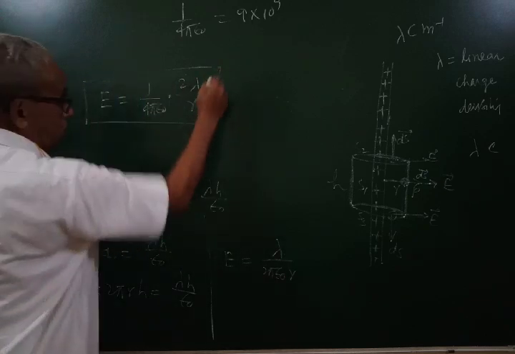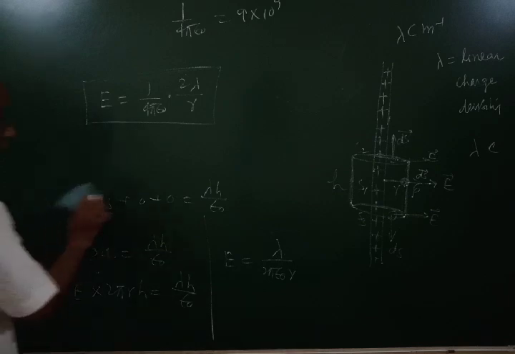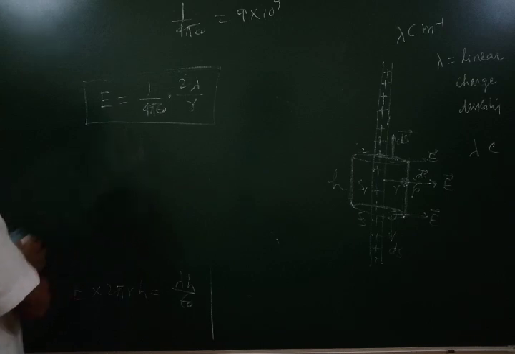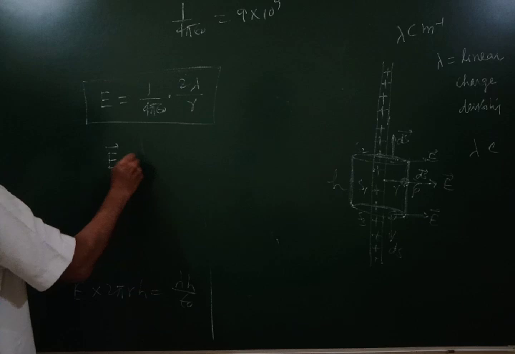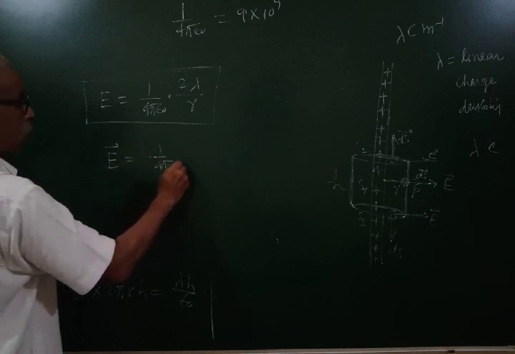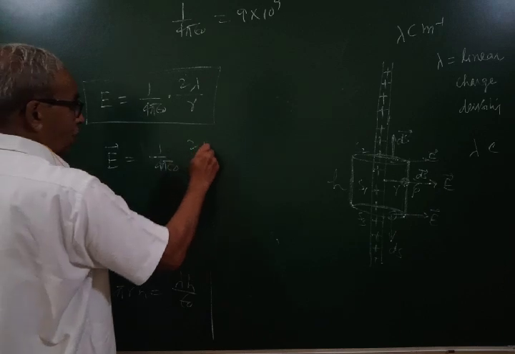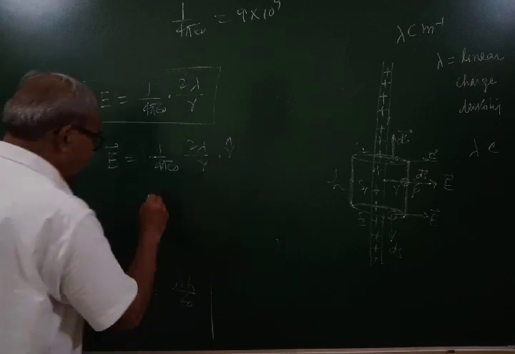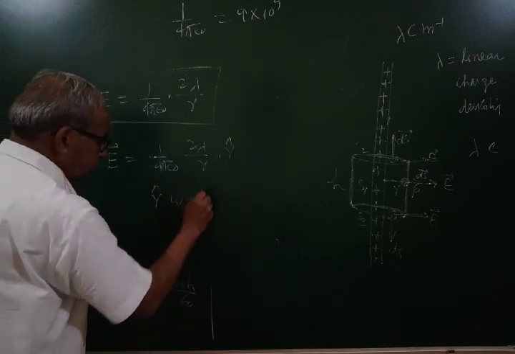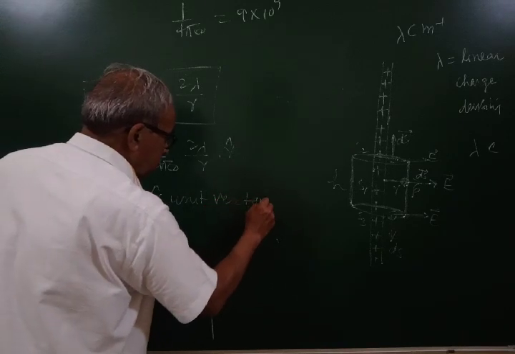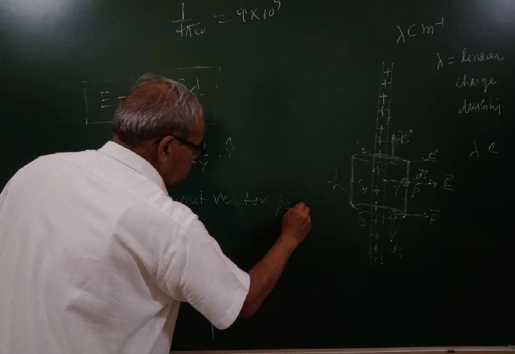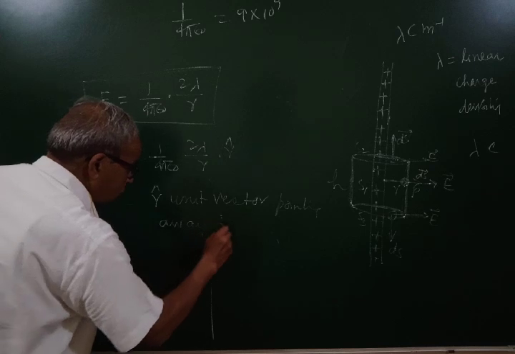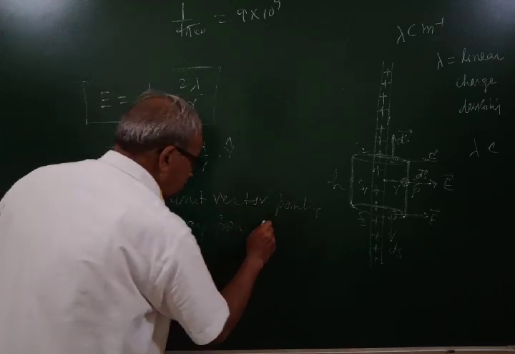So this is the magnitude of the electric field. If you want to write it in vector form, then write vector E equal to 1 upon 4 pi epsilon 0 into 2 lambda upon r, times r cap, where r cap is the unit vector pointing away from the linear charge distribution.